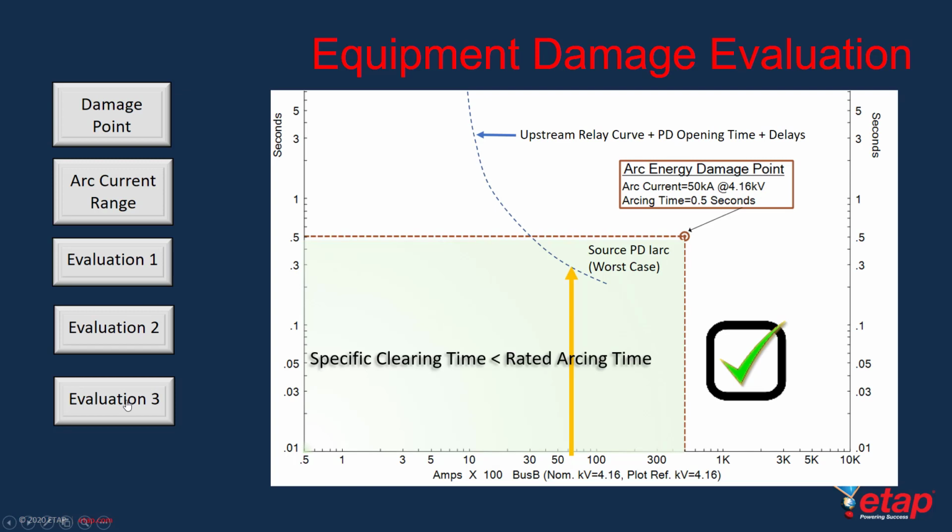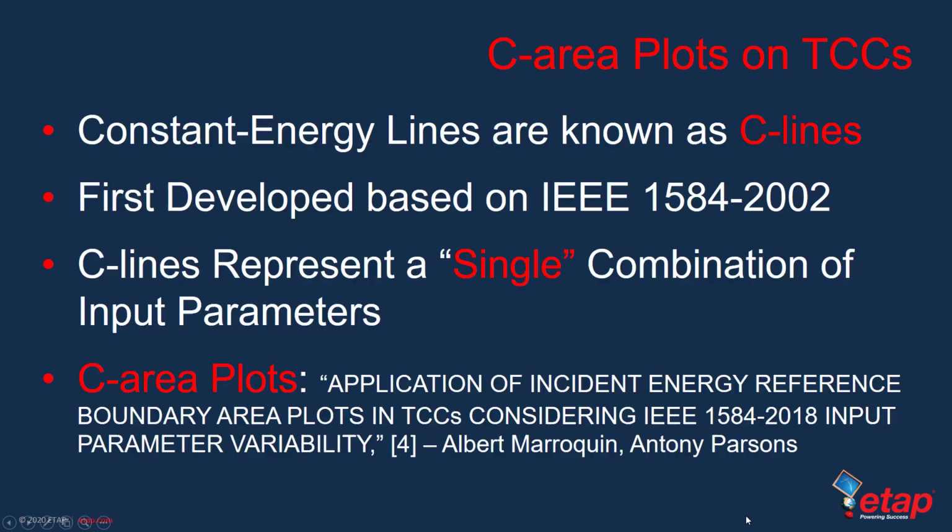And second, we must evaluate the response of the protected device at a specific arc current to make sure that the duration of the arc does not exceed the maximum rated fault duration for the equipment.